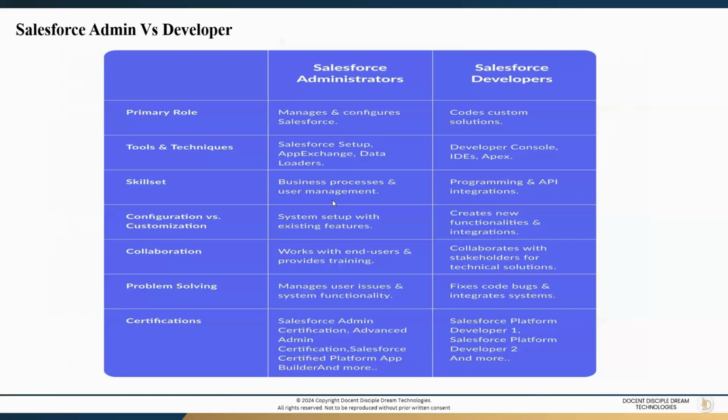They will get what the new requirements or any changes in requirements are, get the details, and then implement them based on the client request. So the administrator works directly with the clients, whereas developers work under a technical person, technical lead, or business analyst.